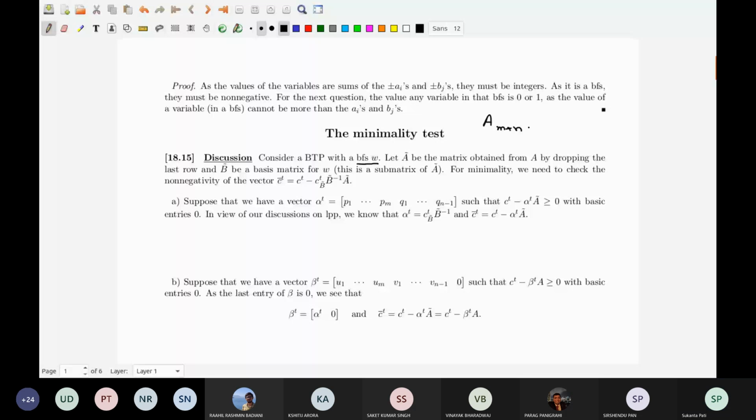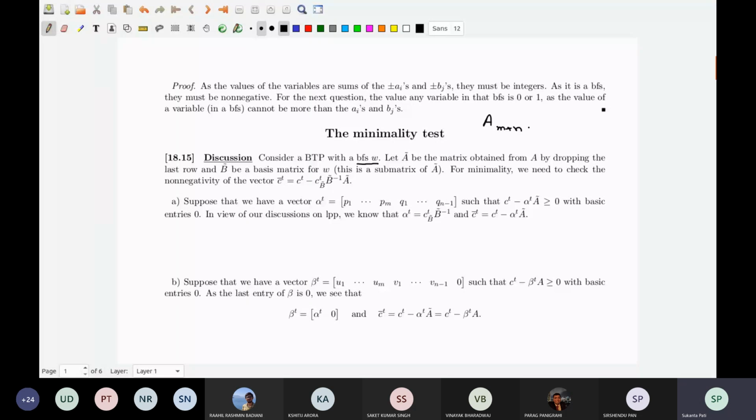So we are free to delete any one of them, because it is a system of m plus n linear equations, and one equation is unnecessary. It's just useless.